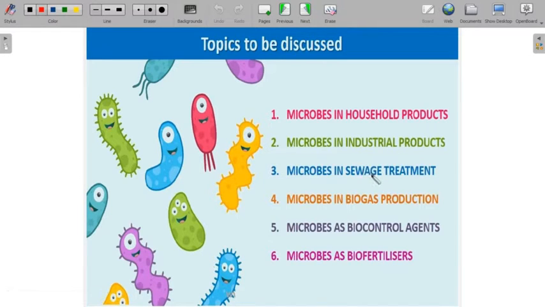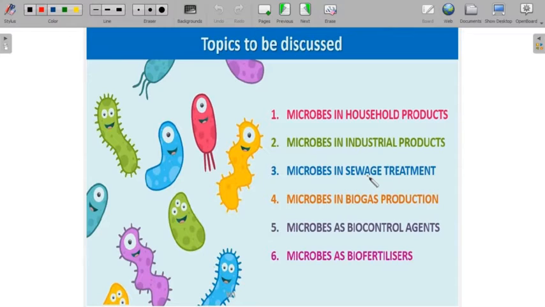Of course, you all know sewage, which means dirty water. How are microbes employed in the purification of dirty water? We should not straight away discharge the dirty water into the sink, that is the river. We have to treat it, because we throw everything into the environment, which may contain hazardous material.